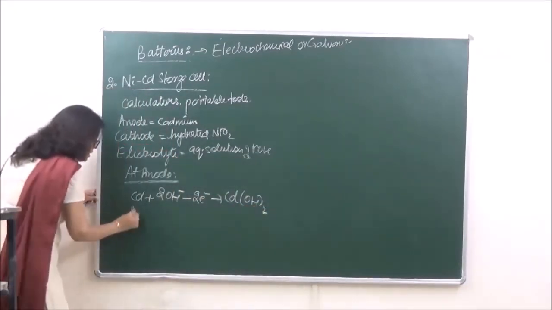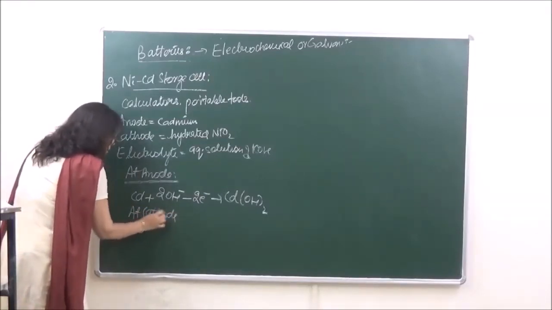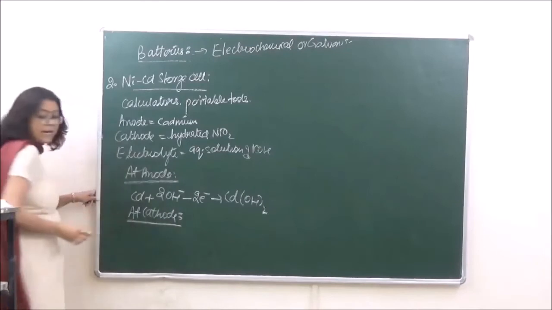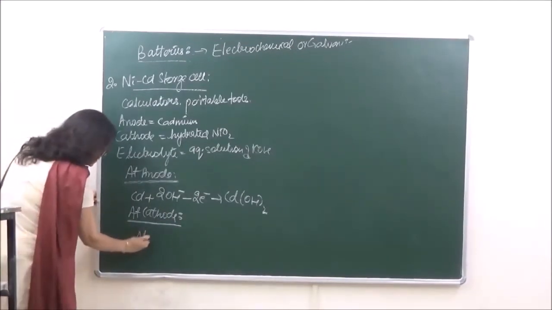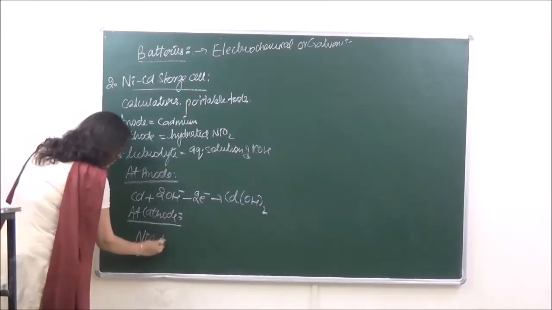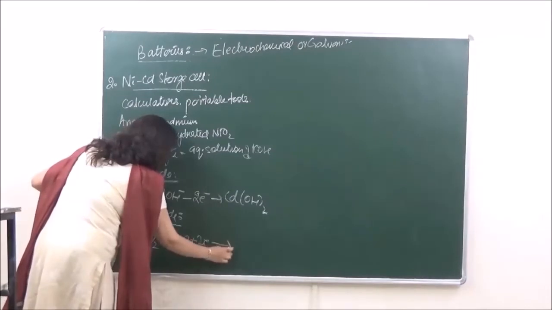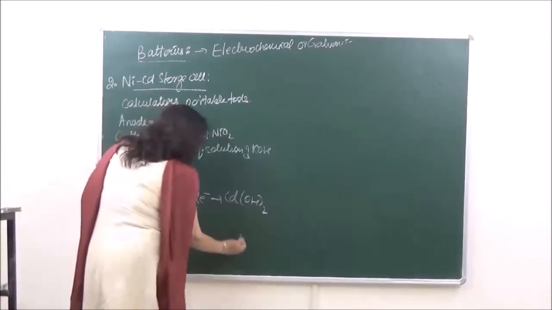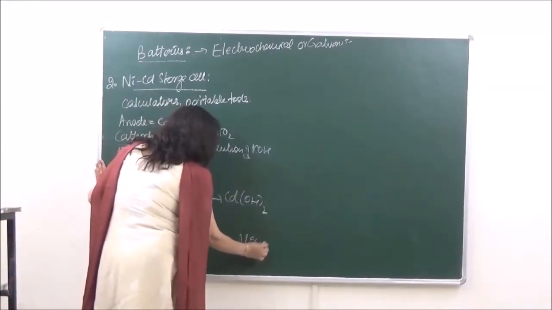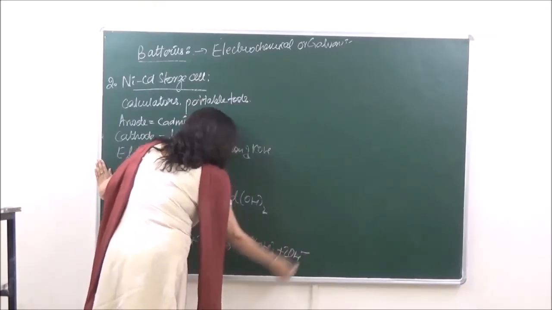At the cathode, nickel dioxide reacts with water to give us nickel hydroxide plus 2OH-.